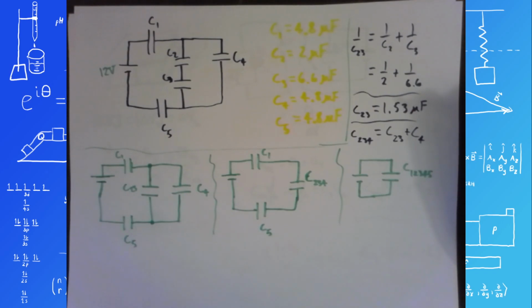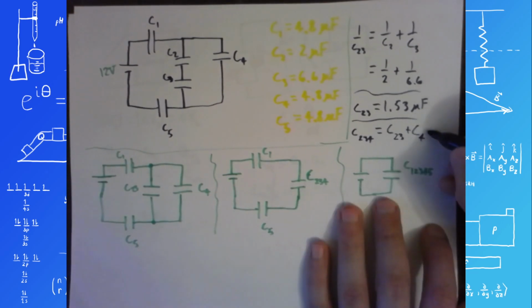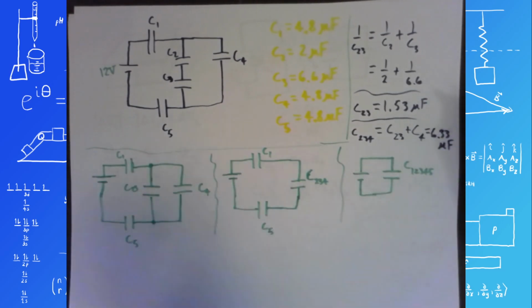And that's going to be 1.53 plus C4 was 4.8. So 1.53 plus 4.8 is 6.33 equals 6.33 microfarads.